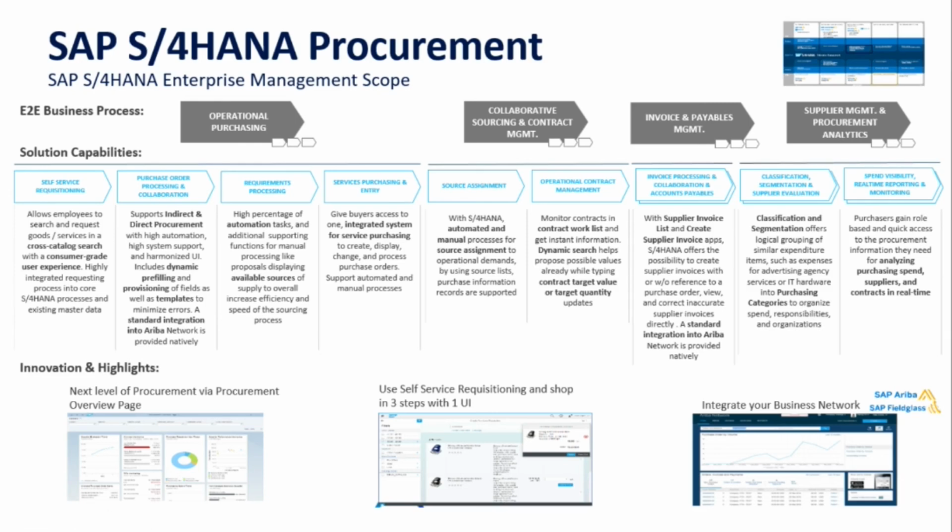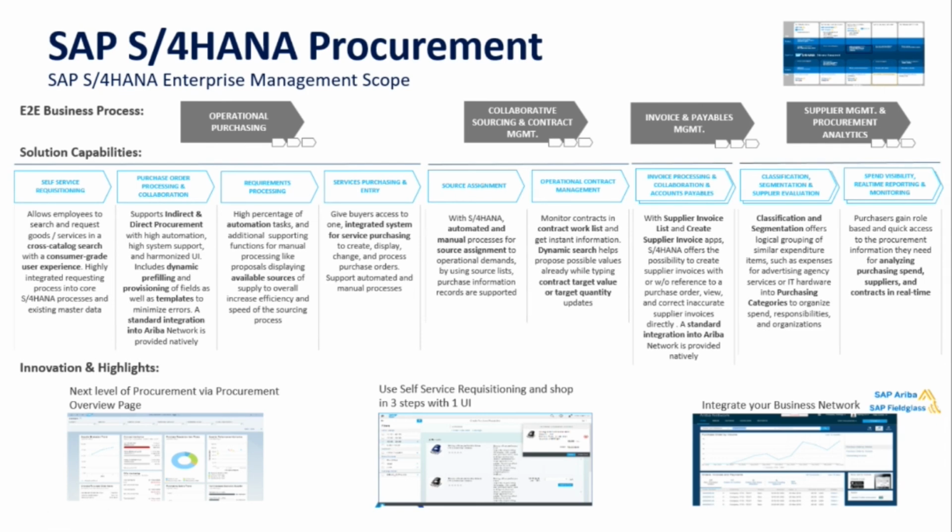We have the apps for supplier invoice lists, create supplier invoice, and a standard integration into Ariba network. We have classification, segmentation, and supplier evaluation. And now we have the concept of purchasing categories to organize, expand responsibility and organizations. And finally, we have the expand visibility, real-time reporting and monitoring.